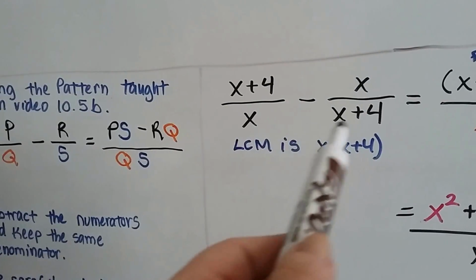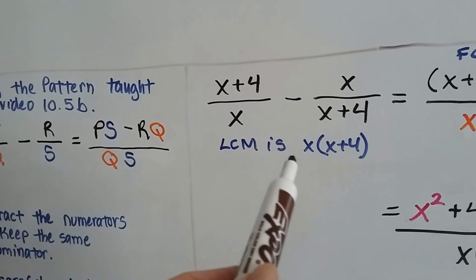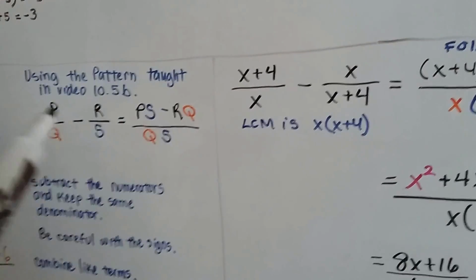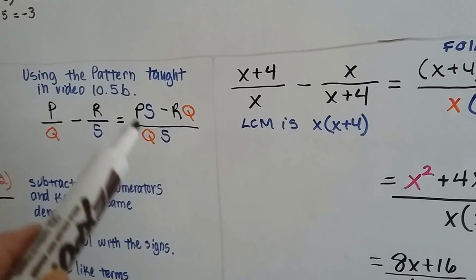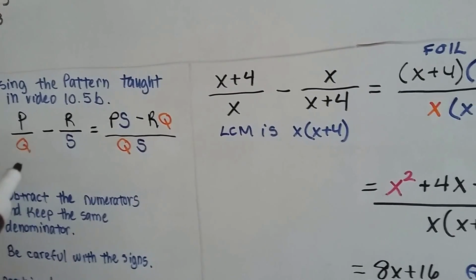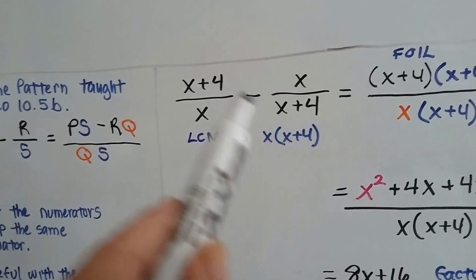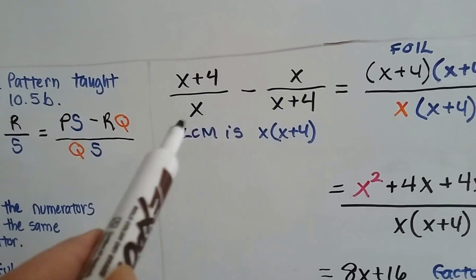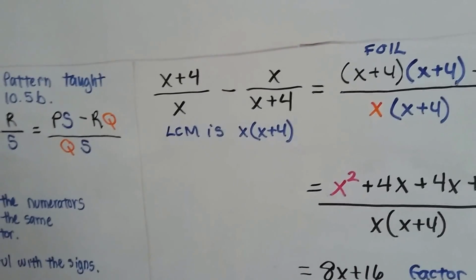So we're just going to do this times this for our common denominator, all right? And now we're going to have to do the crisscross, aren't we? We're going to have to do ps, p times s, minus r times q. So that means we're going to have x plus 4 times x plus 4 minus x times x, right?